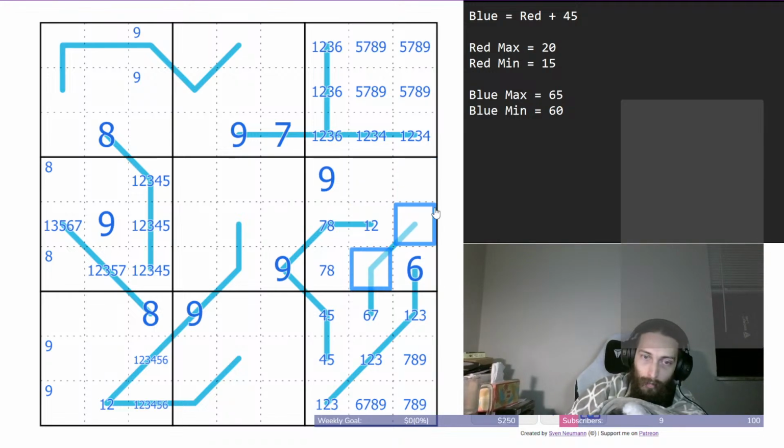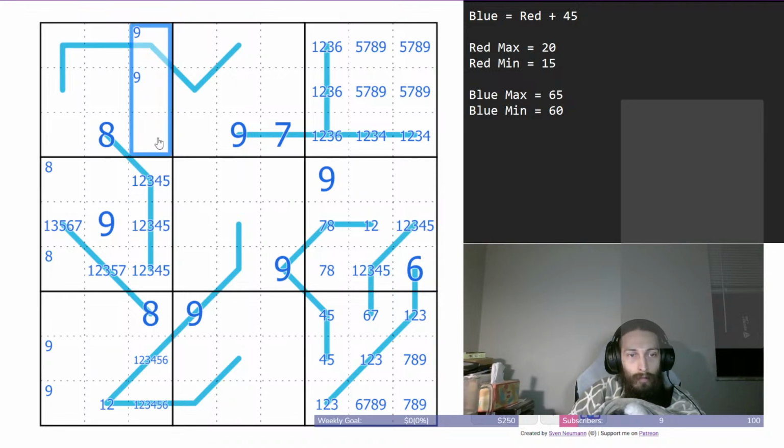So this is maximum 5. Okay, column 3 in box 1, it's going to be either 5 or 6, and 7, 8, 9. Well, it can't be 7, 8. That one's 5 or 6.